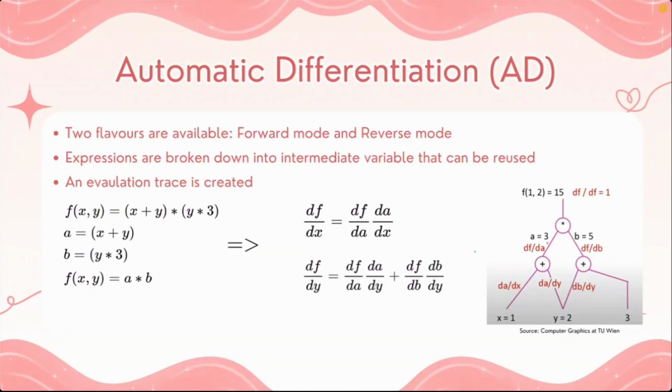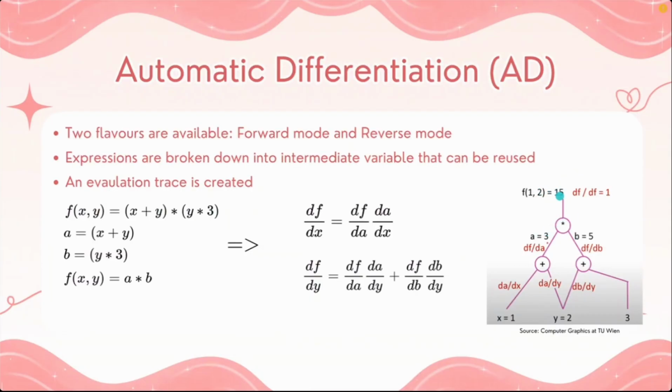In terms of visualizing it, how does that work? Here we are trying to find the approximation of the gradient of f at x equals 1, y equals 2. As you see, a is x plus y. So what we have is x and y. We add both of them, and at the same time we have y. This should be multiplication actually. Then you do the same thing for a and b. You multiply a and b, and finally f.